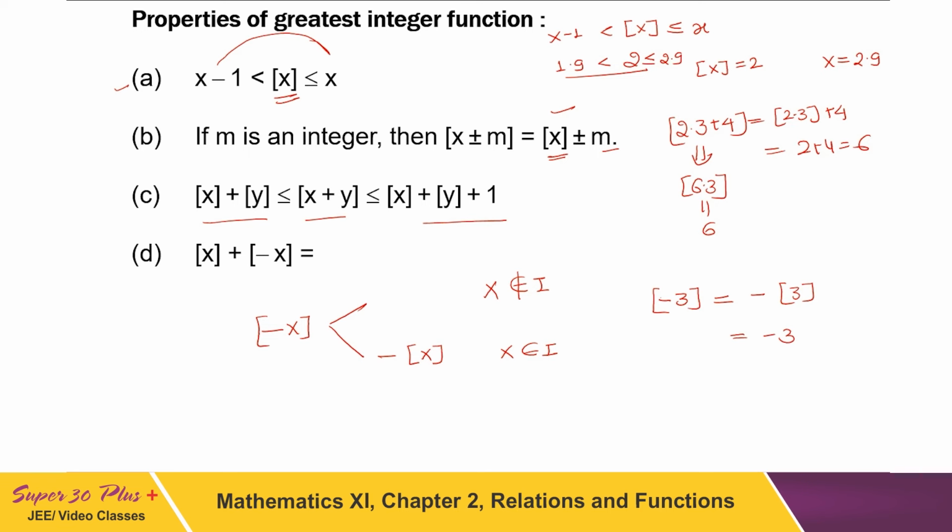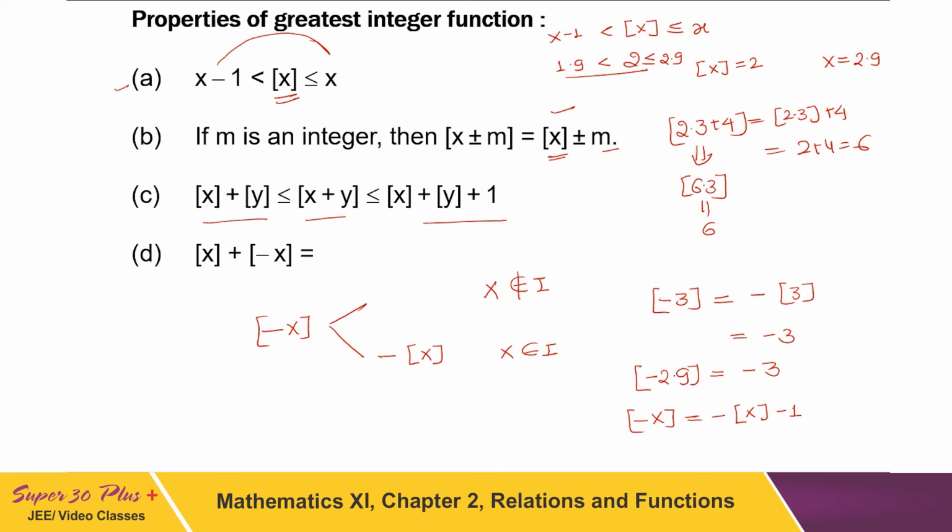What is the value of the greatest integer of minus 2.9? By the definition of the greatest integer function, it is equal to minus 3. Now, if we want to relate the greatest integer of minus x to the greatest integer function, what will happen? In this case, the greatest integer of minus x is equal to minus of the greatest integer of x, minus 1. What is the meaning of this?